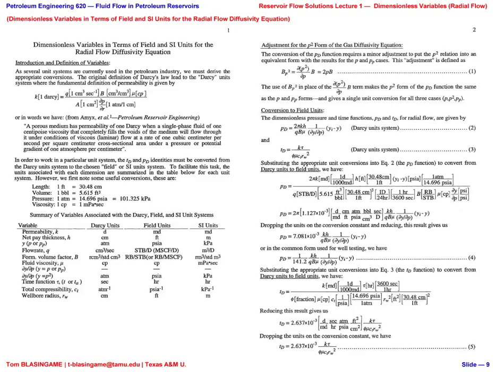There are different metric systems, but the field units version of the SI for petroleum engineering is Pascal seconds. All right, so now we start with, again, the definition of a Darcy, and we come over here.